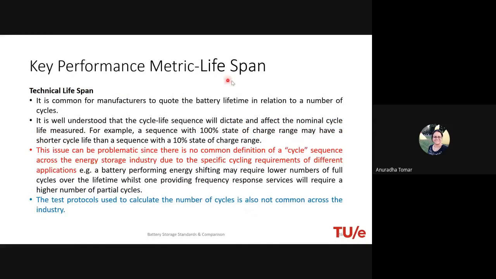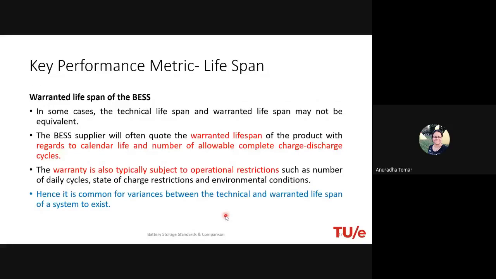Another is the lifespan. Some manufacturers mention the technical lifespan, and they do not include what exactly they mean by the cycles, because a cycle at 100% SOC would be different compared to a cycle at 10% SOC. This is something which is not common in the battery energy storage industry, and we need to look into it. Another standard that some manufacturers mention is the warranted lifespan of the BES.